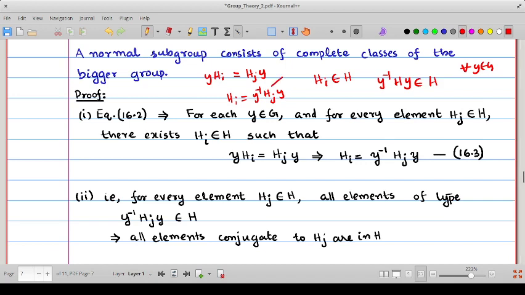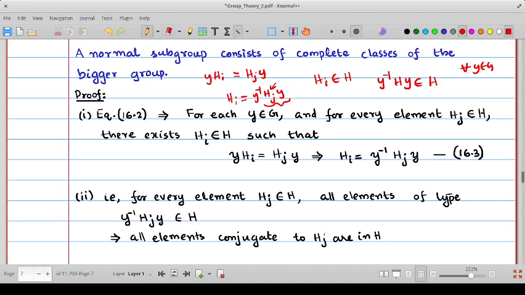Okay. So, given any element Hj of the subgroup, all elements of the type Y inverse HjY are equal to some Hi, one of the elements of the subgroup H itself. But these are the elements of the class of Hj.